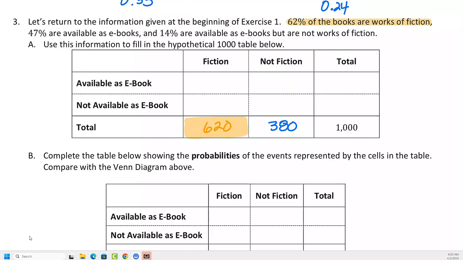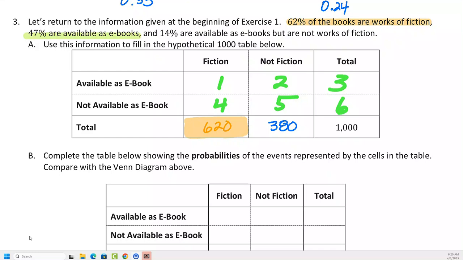Let's get the next piece of information. So the next piece of information is that 47% of the books are ebooks. Okay, so where on the chart are the ebooks? 1, 2, 3, 4, 5, 6. I don't have to put 7, 8, 9 because they're already filled in. So which cell is going to represent all the ebooks?